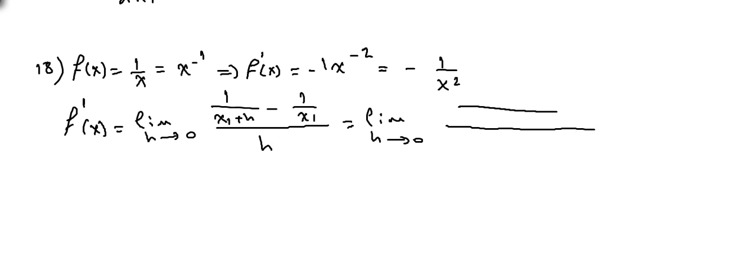What is the common denominator? It's x1 multiplied with x1 plus h. What is left is x1 times 1, which is x1, minus, same, we are left with x1 plus h times 1. It's x1 minus x1 minus h, right? Because minus multiplied with both. And we can subtract x1.